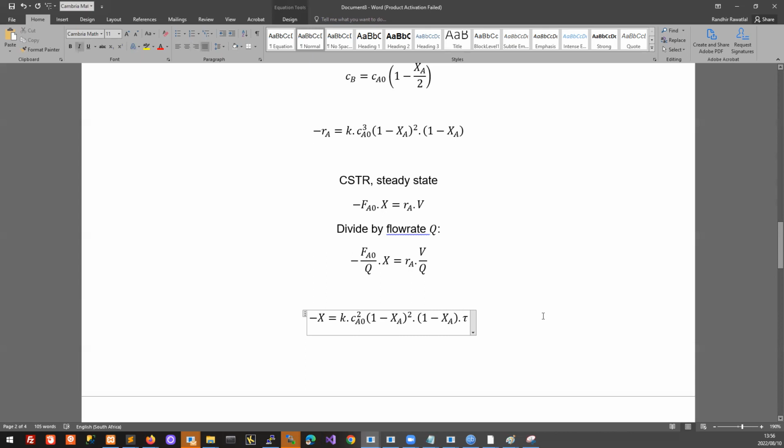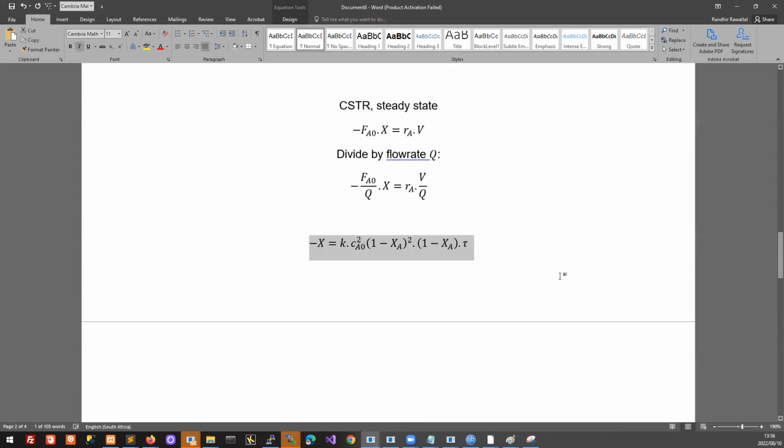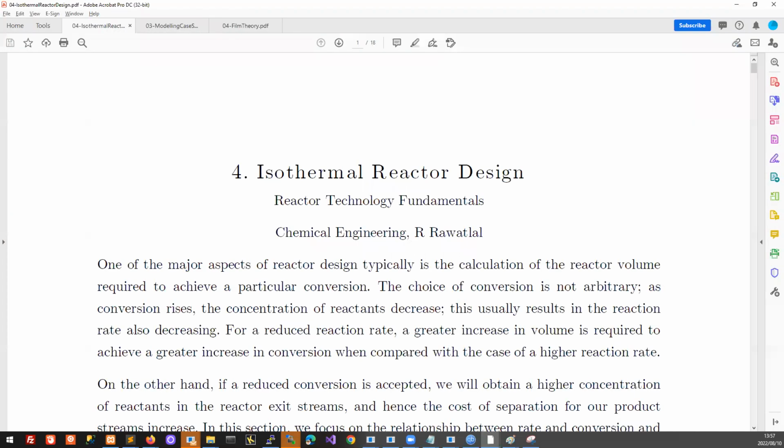What we can do with this now is understand what the remaining variable is. We've already been given the volume and the flow rate, so tau is fixed. We have worked out tau is 20 minutes. CA naught is simply given to us as 30 moles per cubic meter. And the kinetic rate constant is also given.